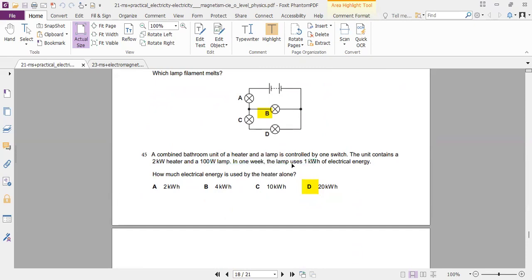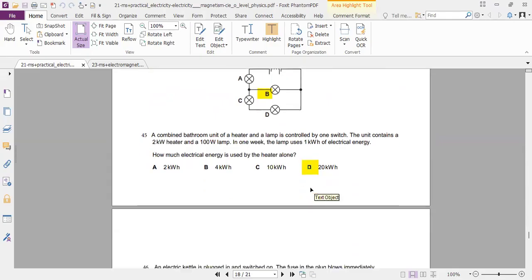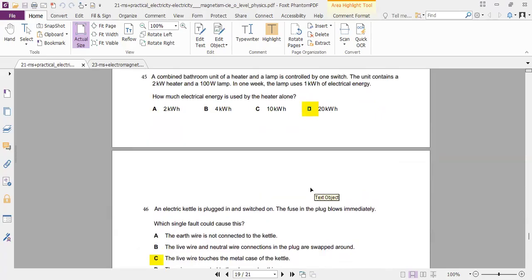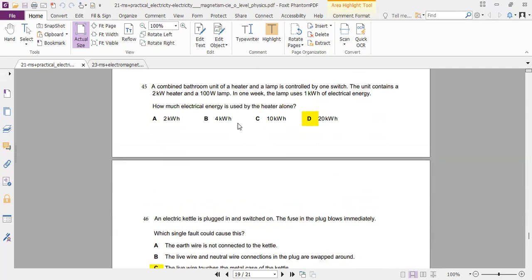So subtract 1 kilowatt from here, and then you should get this answer. The unit contains a 2 kilowatt heater. How much energy is used by the heater alone? The heater, for 1 week, will use 20 kilowatts times... Well, it's a tricky question, to be honest.